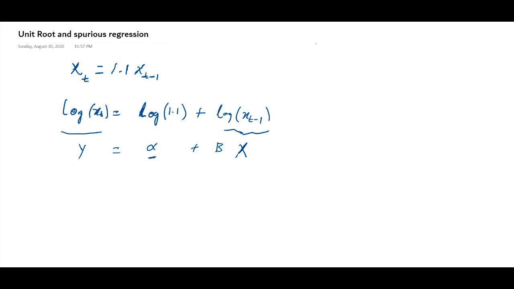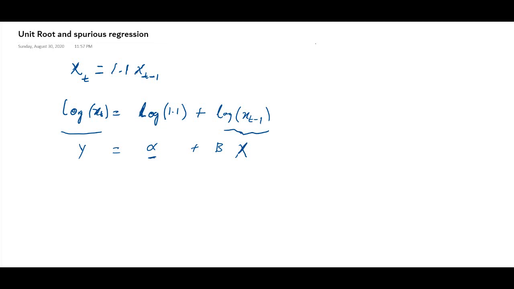If we then perform a regression of one series on the other, we would find either a significant positive relationship if they are going in the same direction, or, if they are going in opposite directions, a negative relationship between these variables, although they are not related.